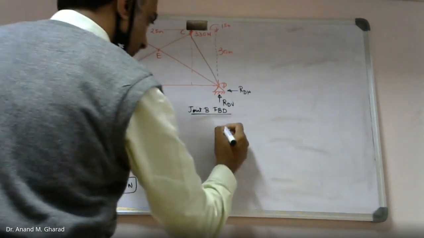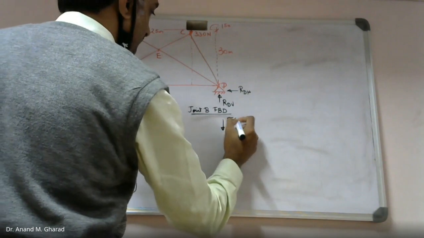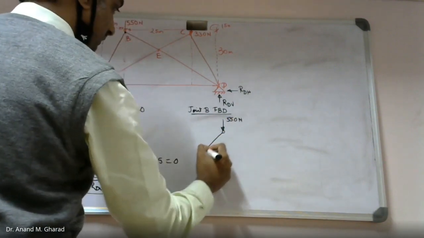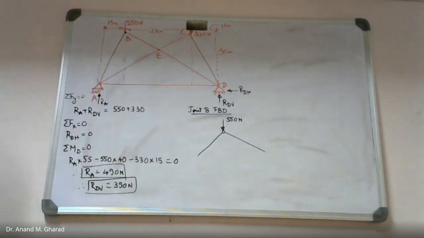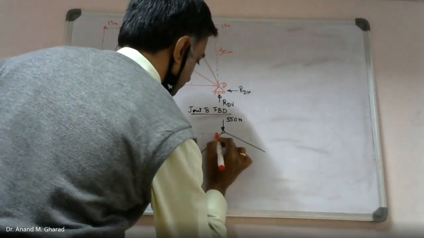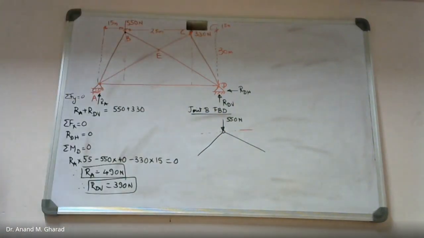So in this joint B, you have this vertical force of 550 Newton, this member, correct? Now here you are supposed to be careful because these are inclined members and we have to calculate the angle value.